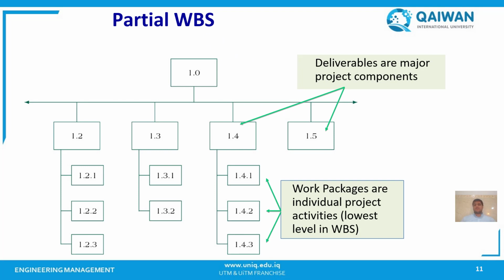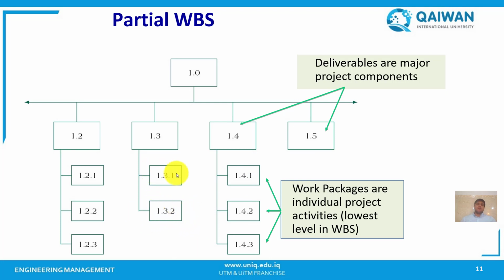Partial work breakdown structure. A partial work breakdown structure refers to a subset or section of the complete WBS for a project. It represents a portion of the project scope that has been decomposed into its hierarchical components, but it does not include all the levels and details of the entire project.